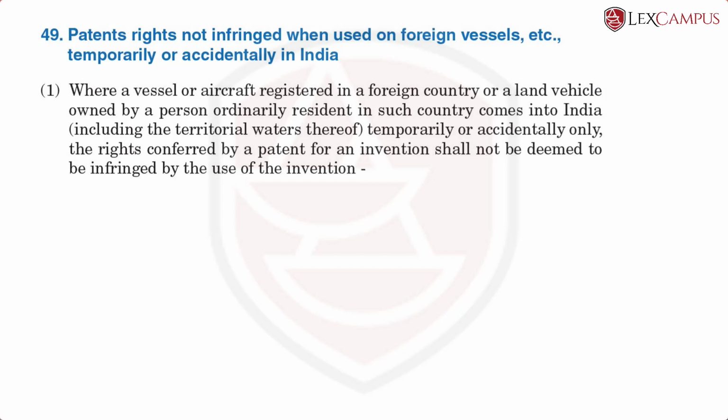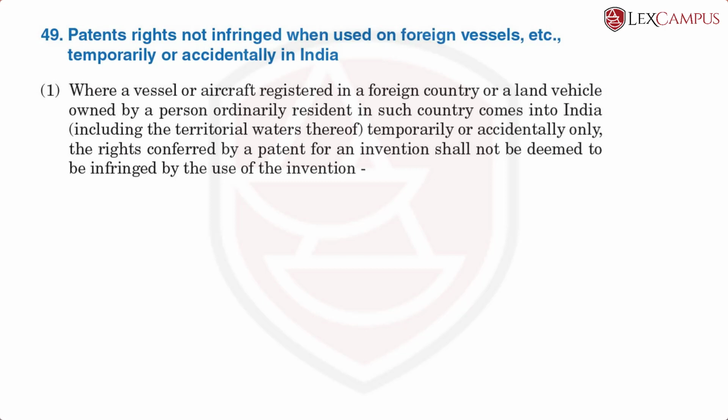invention. So, if a vessel, an aircraft or a land vehicle which is owned by a person ordinarily resident in a foreign country comes into India and the coming into India is temporary or accidental, then the rights conferred by a patent for an invention shall not be deemed to be infringed by the use of that invention.